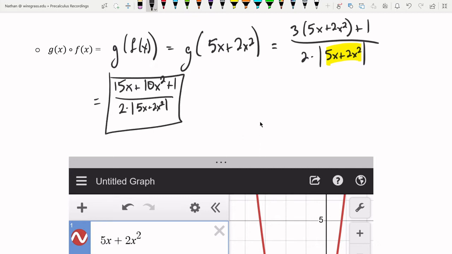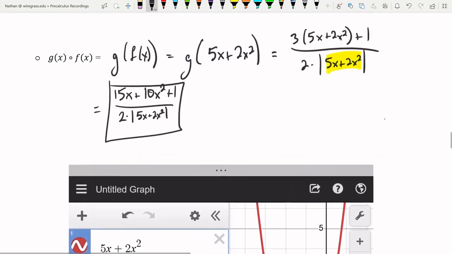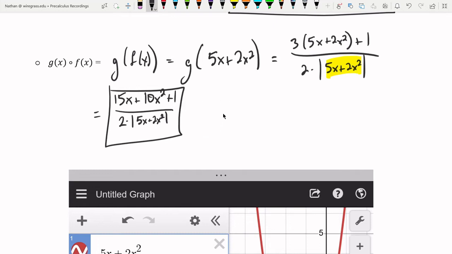Of course, we can ask, well, when is this thing 0? Well, it's 0 when the denominator equals 0. The denominator equals 0 when the inside bit here, this function, equals 0. And that equals 0 right there at the x-intercepts, the zeros of this quadratic, negative 2.5 and 0. So we know that x cannot equal negative 2.5 or 0.